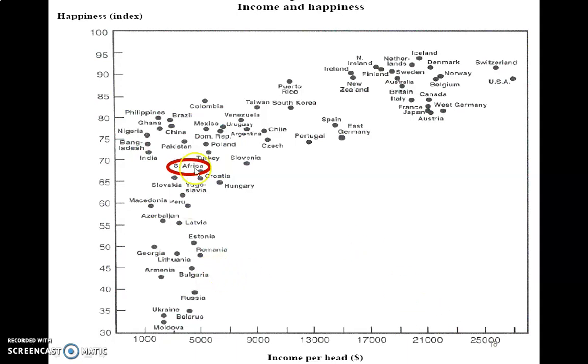And South Africa, we comparatively are not very rich, and yet our happiness level is about 70 out of 100, which is not too bad. But this is a snapshot. I wonder what it would look like if we looked at this over a period of time.